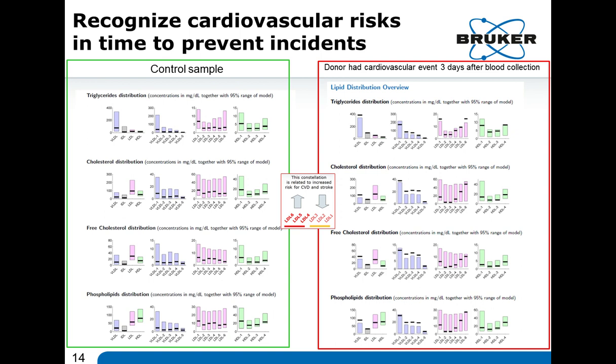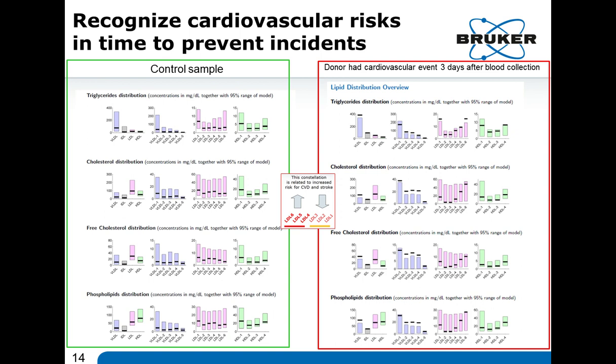I just want to show you a comparison of a control sample and a donor who actually had a cardiovascular event 3 days after the blood collection. If we look here on the control sample side, you can see that all of the subfractions, whether it's triglyceride or cholesterol, free cholesterol and phospholipids, the person is in the reference range.